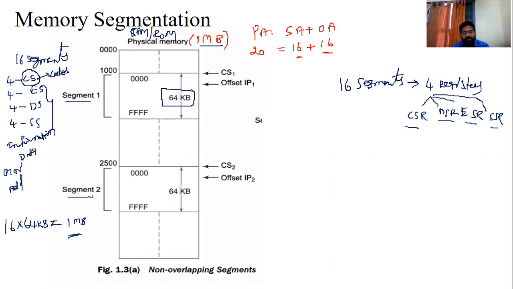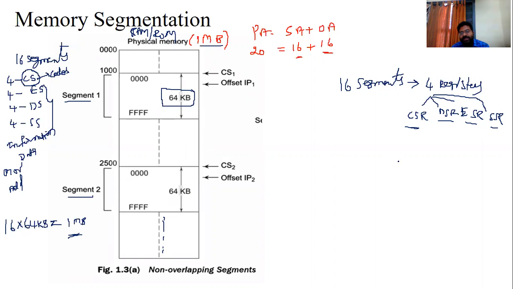In the diagram they show only two segments, but there are 16 segments. That's why they indicate it with these dots. These 16 segments are identified by these four segment registers: code, data, extra, and stack segment registers.